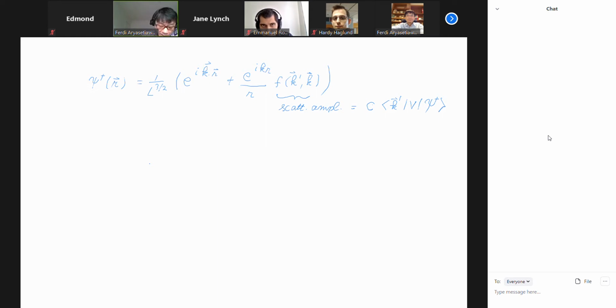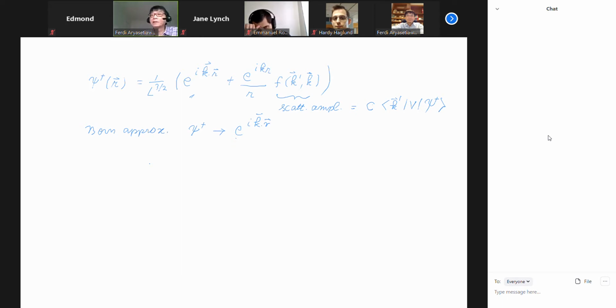So in the Born approximation, we replace the psi plus here. We replace that with the plane waves, just like that.